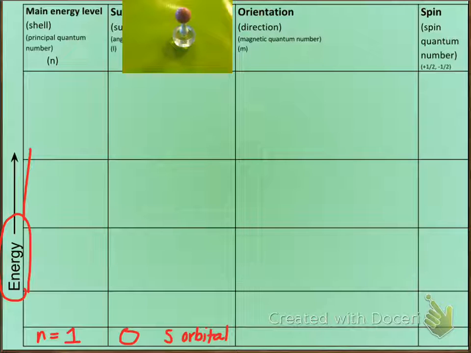No. There's only one way to arrange a spherical object, because it doesn't matter how you turn it, it looks the same. So for s orbitals, guess how many directions there are? 1. So we only have one s orbital. So on this entire first main energy level, there is a lonely beach ball. That's it. There's a single orbital there.